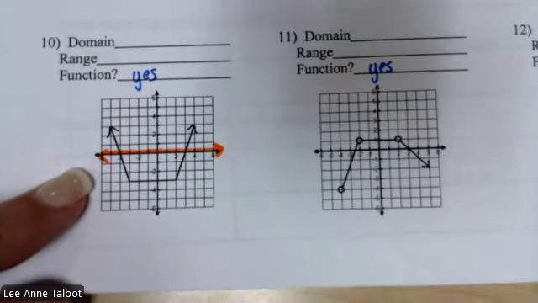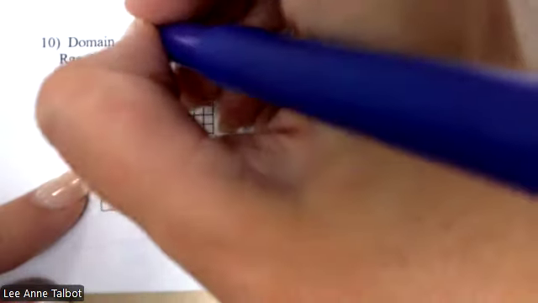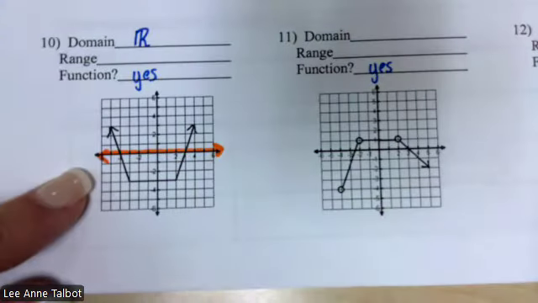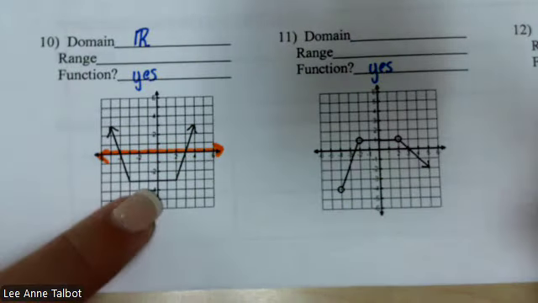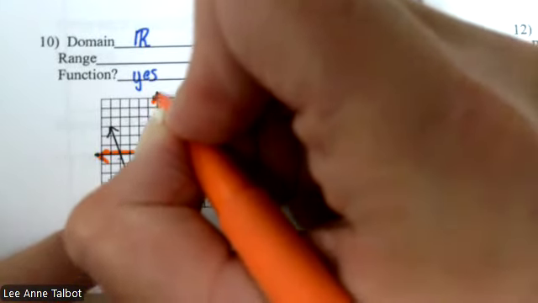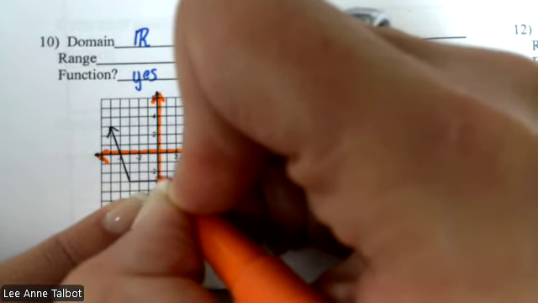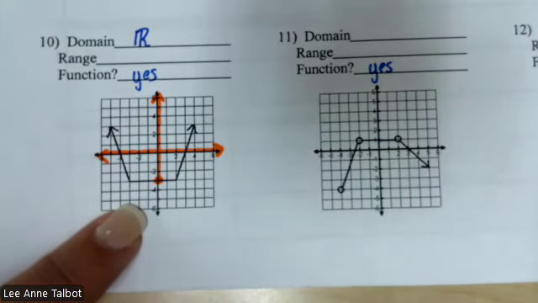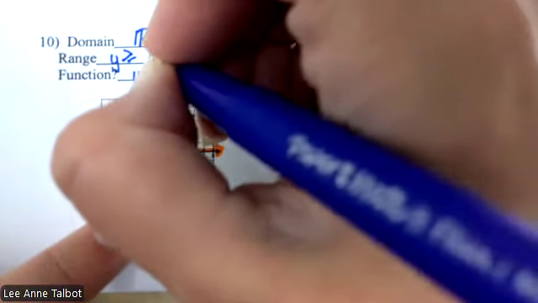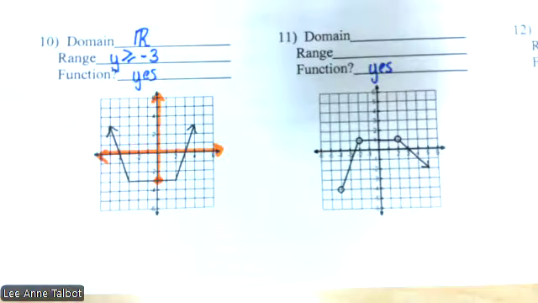Right forever. Up forever, goes down to here. Y is greater than or equal to -3.